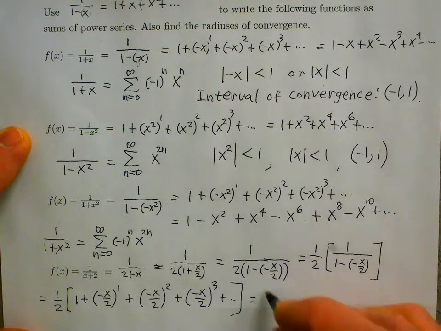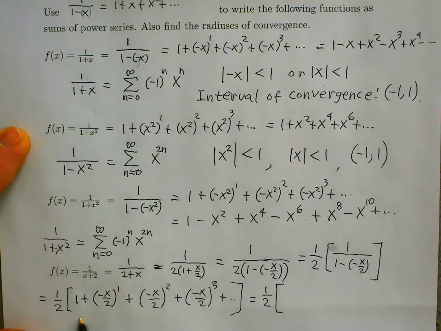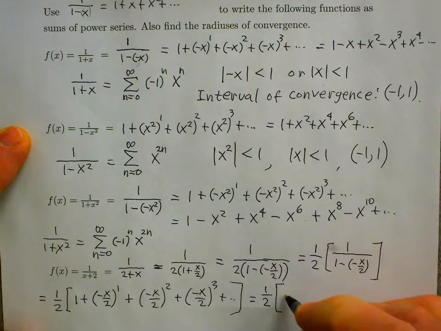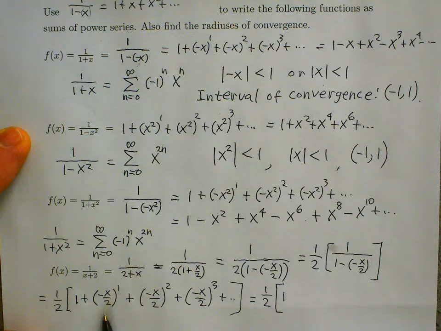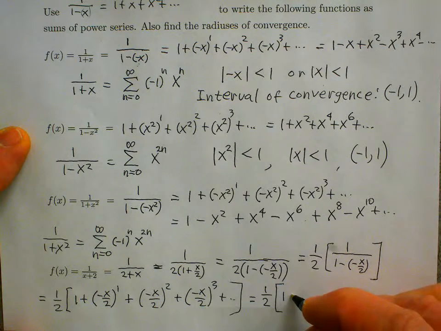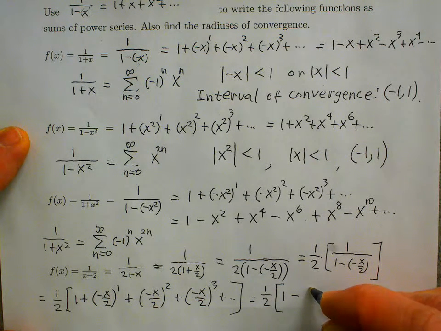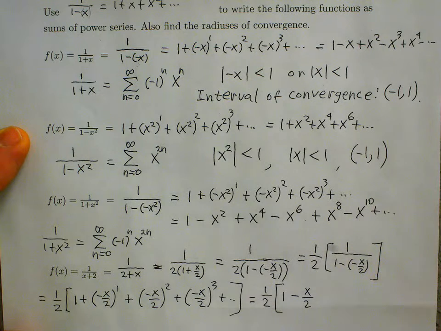So we'll write it out a little bit. Evaluate each of those. So we get 1/2 times the quantity 1, negative x over 2 to the first. If we add that, we can write that as minus x over 2.